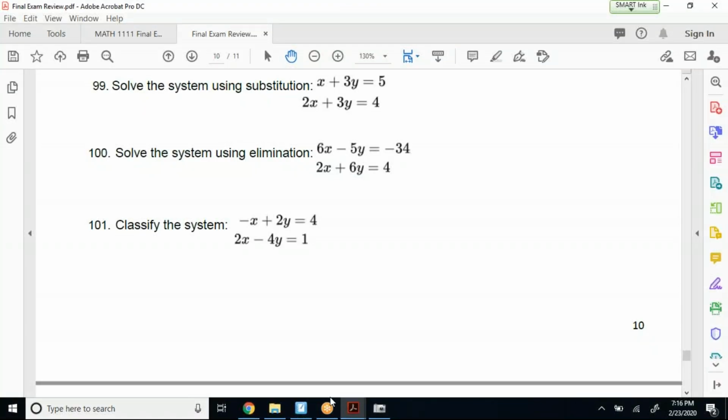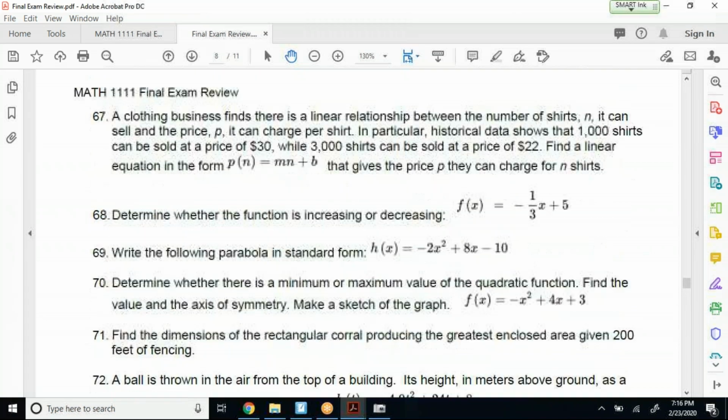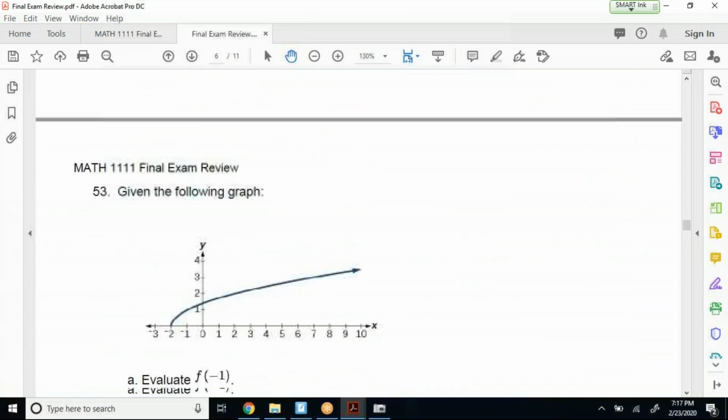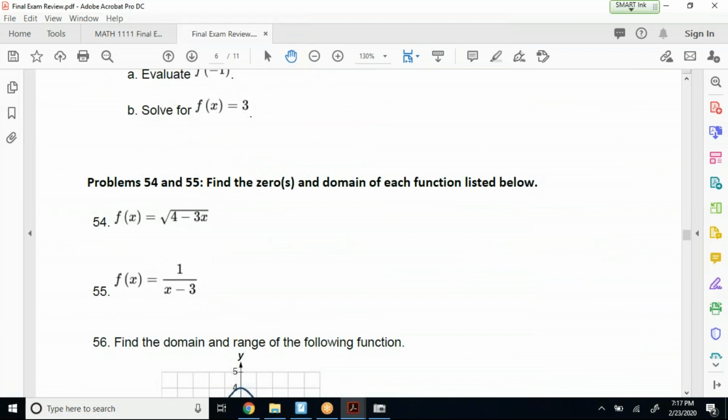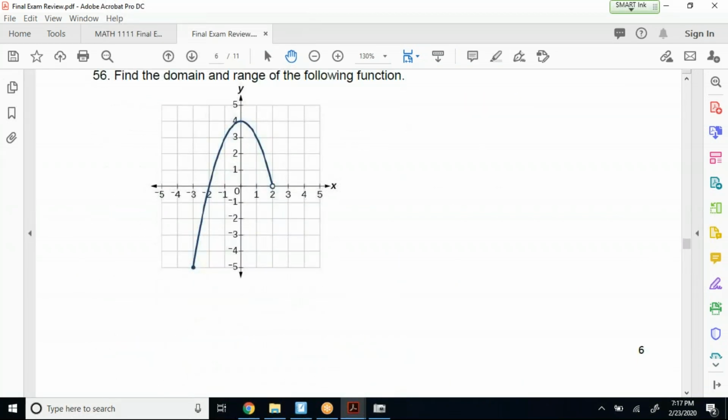All right. So what other ones do you need? Can you do 56? Yep. Let's see. Domain and range?